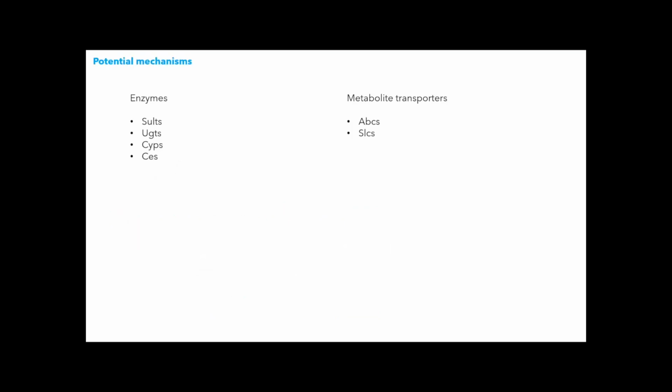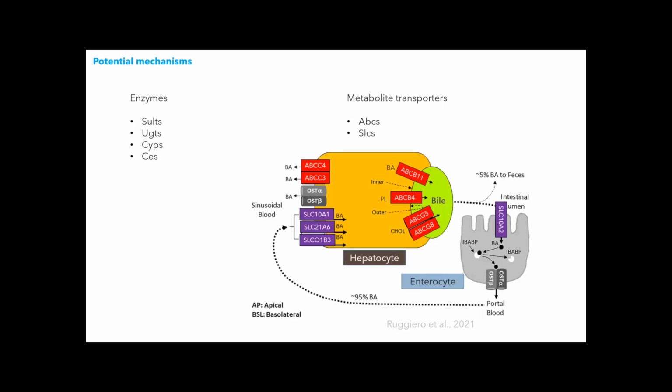As we saw previously, we identified a number of enzymes, SULTs, UGTs, CYPs, and CES, and a number of transporters, ABCs and SLCs. Talking about the transporters, I'm showing you here the hepatocyte portal vein axis, and you can see that a number of metabolite transporters are located inside the hepatocyte.